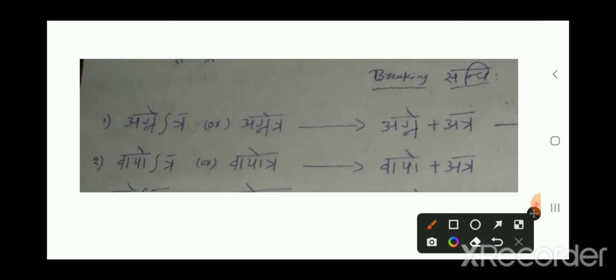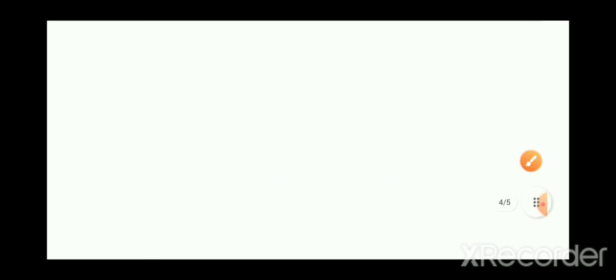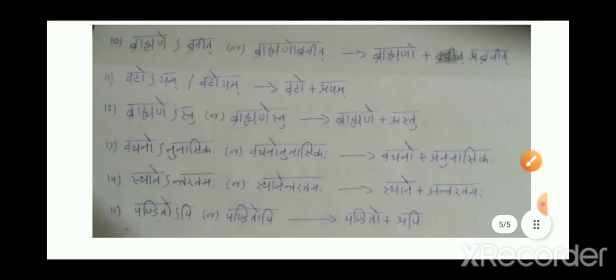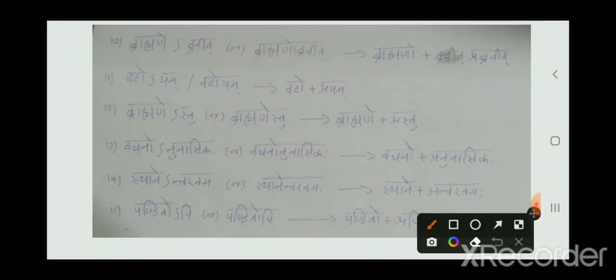We'll see the last example. Take a simple one. Okay, take this: Vachano 'nunasikaha. Vachano 'nunasika. Here an avagraha is there. Avagraha means A is dropped off.